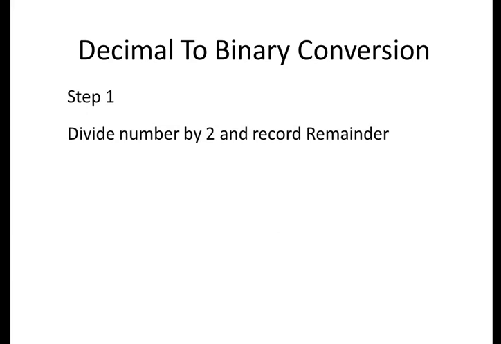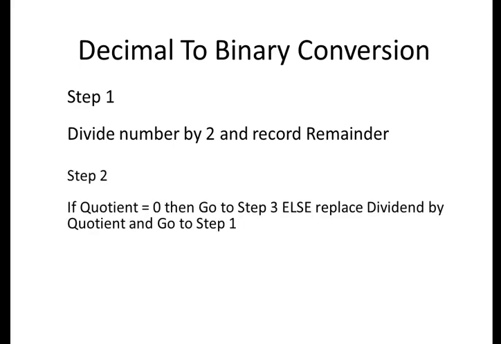Here's the algorithm. Step 1, divide the number by 2 and record the remainder. Step 2 is check if the quotient is 0, and if it's not, replace the dividend by the quotient and go back to step 1.